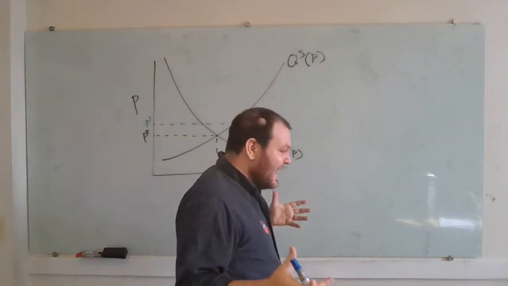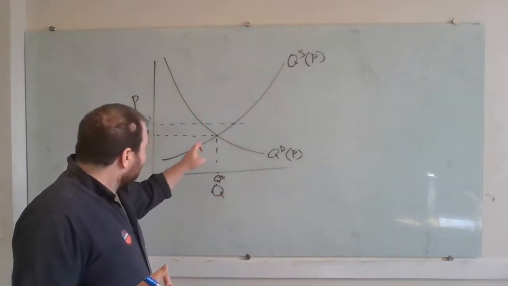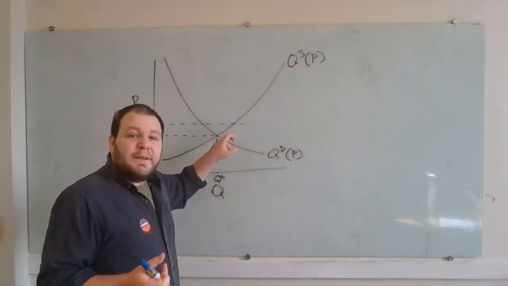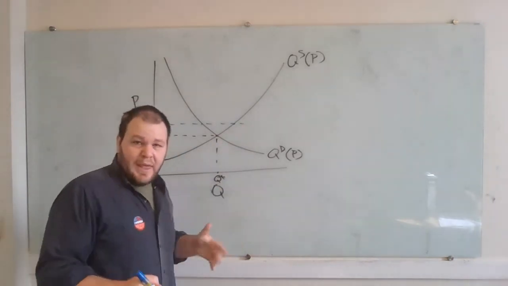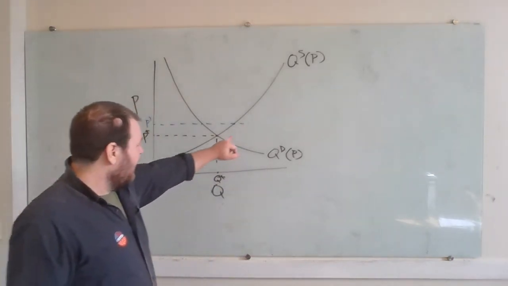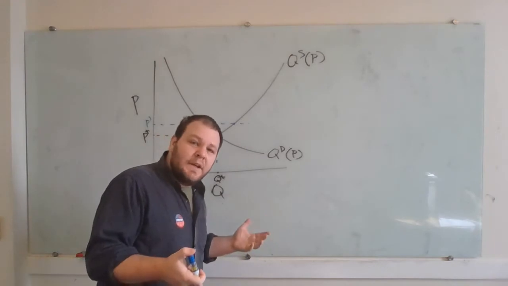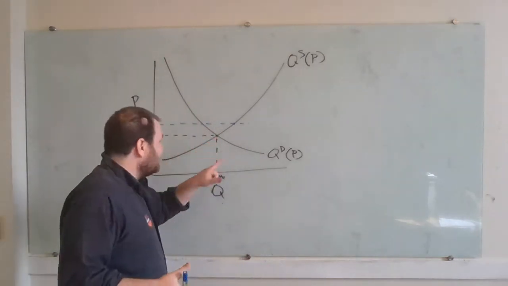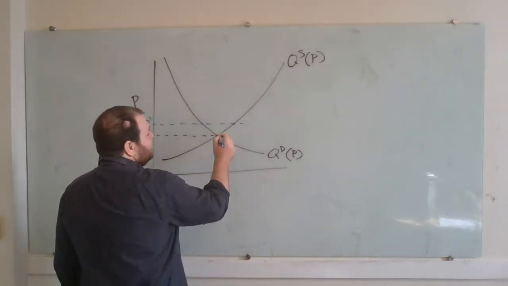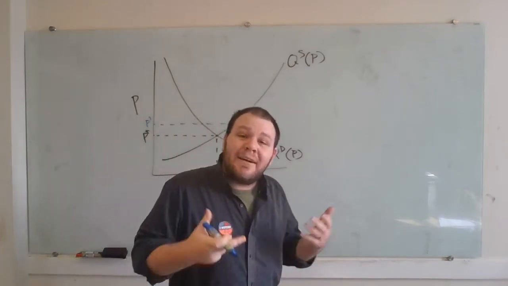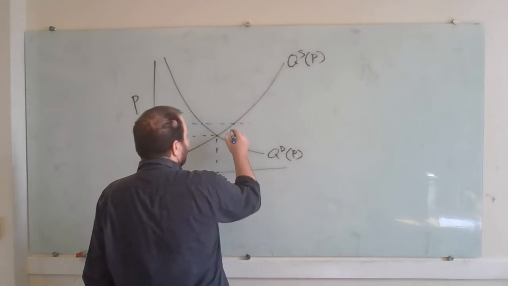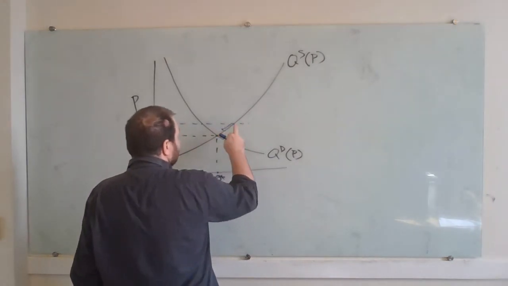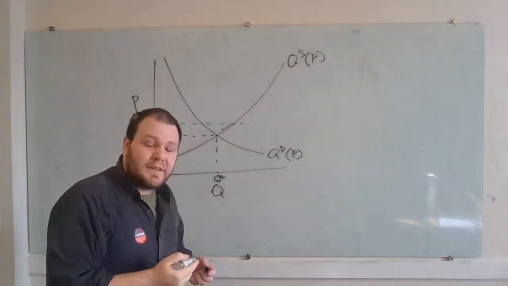It means that when everyone gets together to buy and sell their stuff, at the end of the day, there's going to be some suppliers who have excess inventory, stuff that they wanted to sell that they couldn't sell. And there's going to be pressure on those suppliers who weren't able to make any sales to try to deal with some demanders. They'll say, oh, you know what, I'm going to lower my price a little bit to make sure I'm not the person left at the end with a bunch of unsold stuff. So the fact that supply is greater than demand is going to result in pressure to lower the price down towards the competitive market equilibrium.